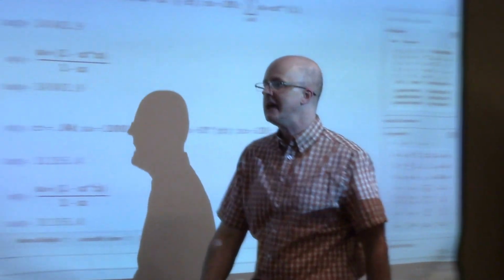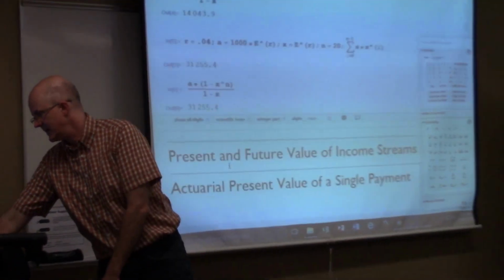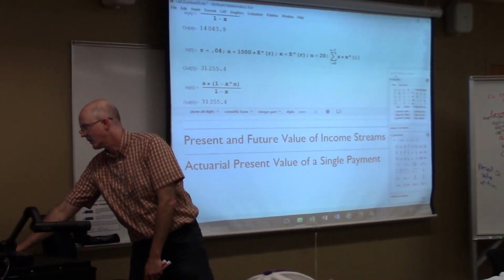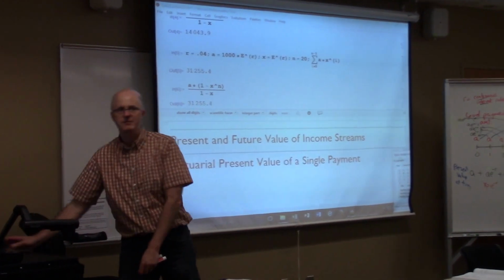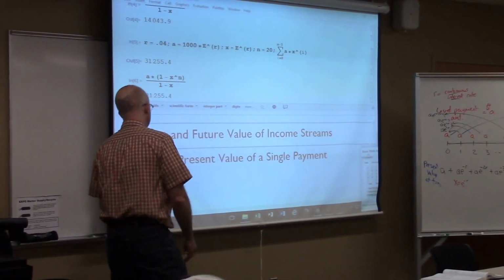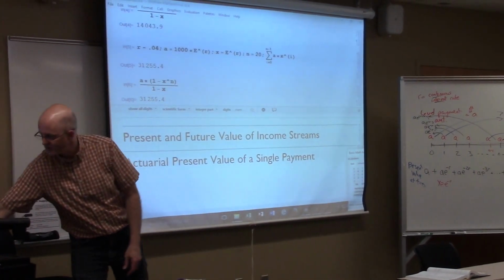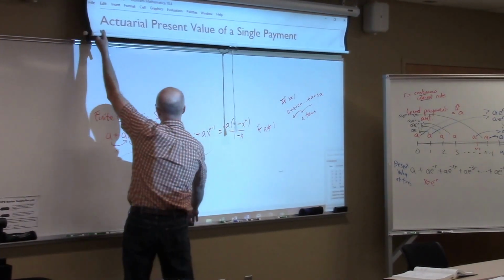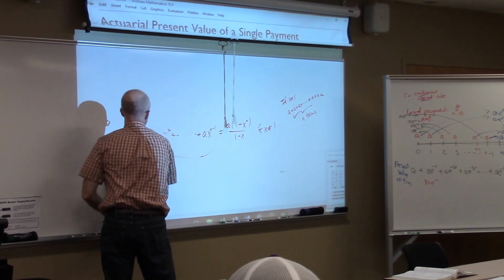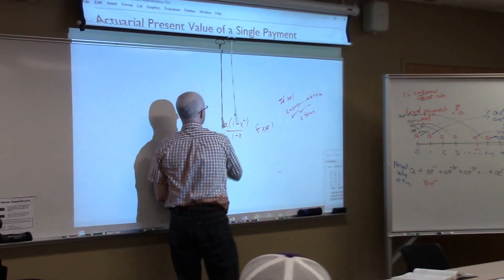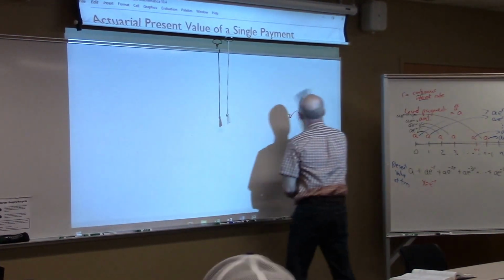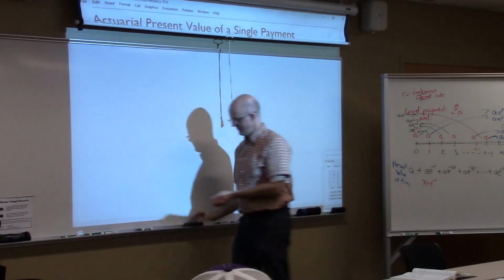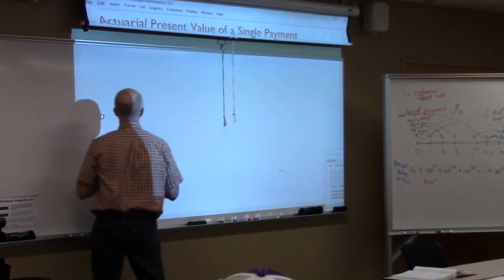What about continuous income streams, cash flows? What about present and future values for those? The simplest kind of situation was the same situation we did last time, where the payment stream, the cash flow, is at a constant rate. We call it P of t.